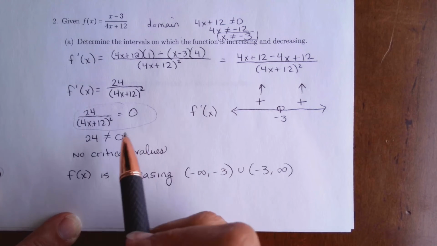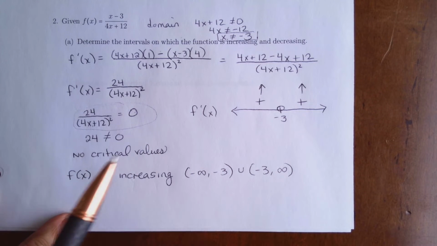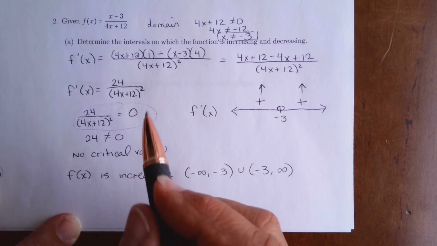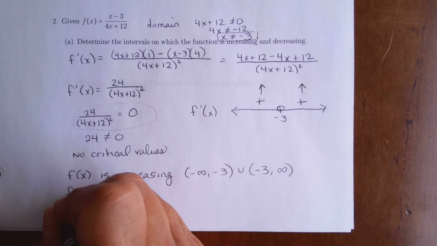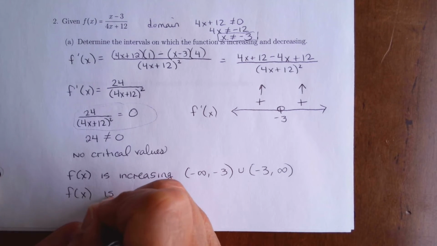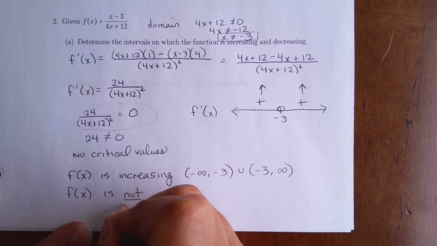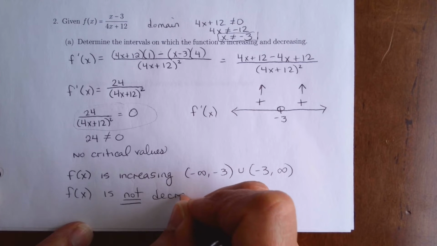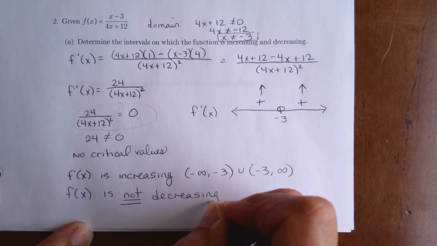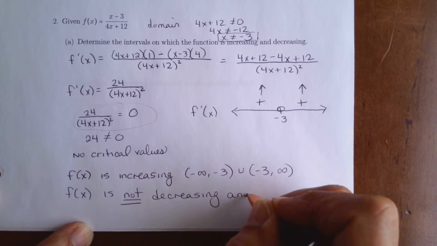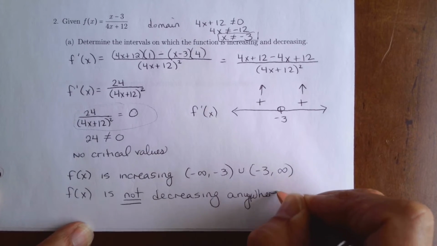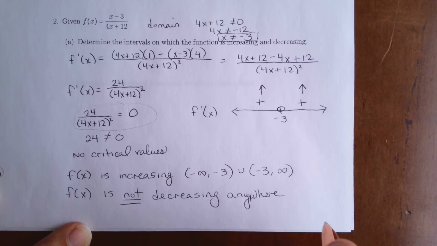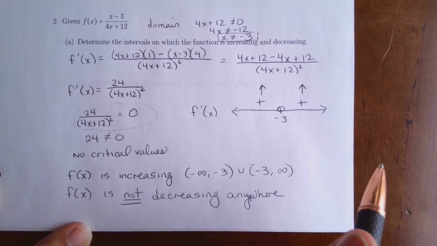We didn't get any critical values, at least for the first derivative. All right, so f of x is not decreasing anywhere. However you want to say that, it isn't decreasing. It's increasing everywhere.